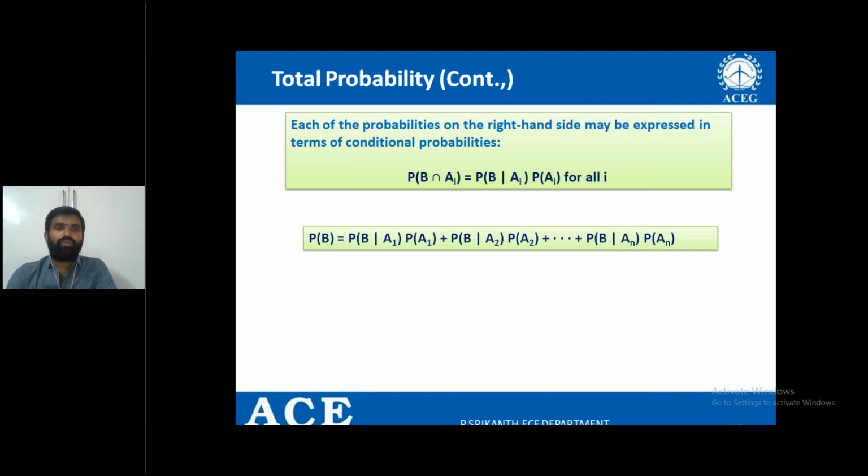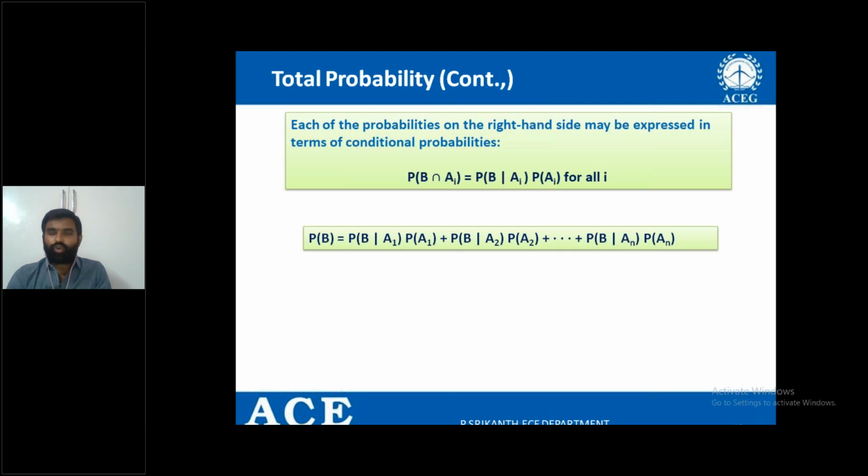P of B equal to P of B given A1 into P of A1. Why? Because P of B intersection A1 is P of B given A1 into P of A1. Similarly, P of B intersection A2 is P of B given A2 into P of A2, and so on up to the nth event, that is probability of B given An into P of An.